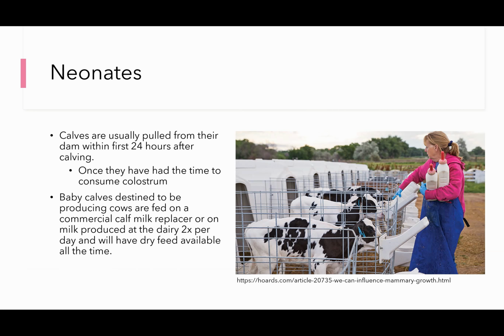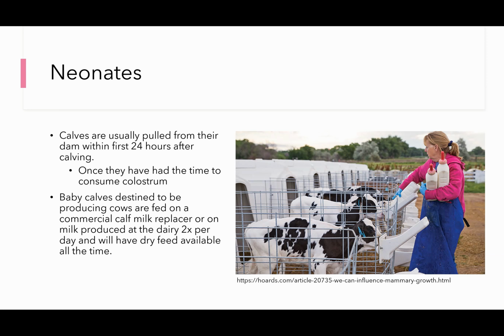Now, the calves that are going to become producing cows are fed something called a milk replacer, and it's basically synthetic milk with all of the nutrients needed for these young heifers. They're fed typically 2 times a day, and then they have dry feeds so that as soon as they're willing to start creep feeding, or eating that dry feed, they are allowed.